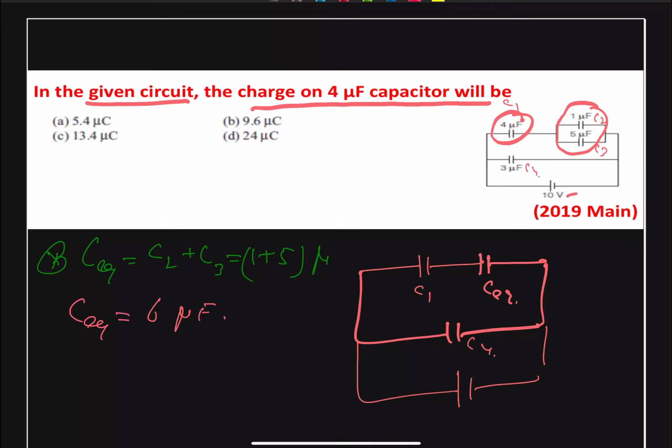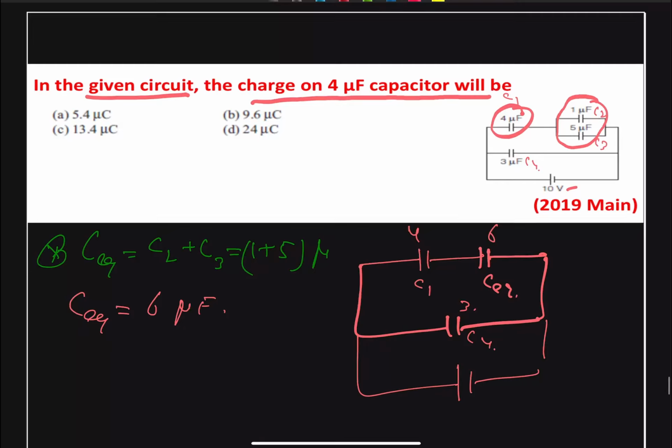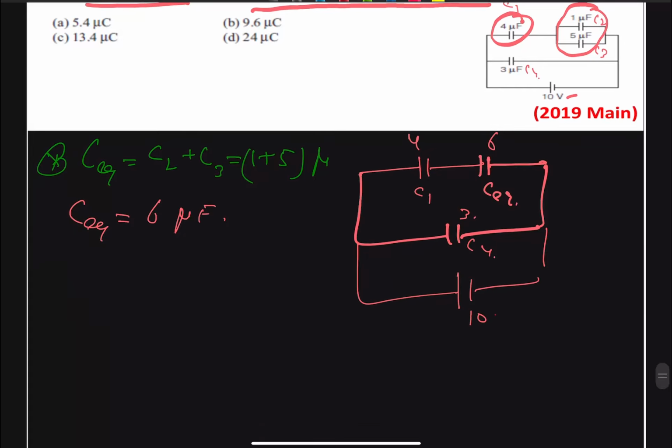So this is 4 microfarad and this is 6 microfarad, and this we already know is our 3. So we have a 10 volt, and this 10 volt is in parallel with our C4. So here we are going to have a 10 volt, as well as here also a 10 volt. Now this C1 and C equivalent are in series with each other.